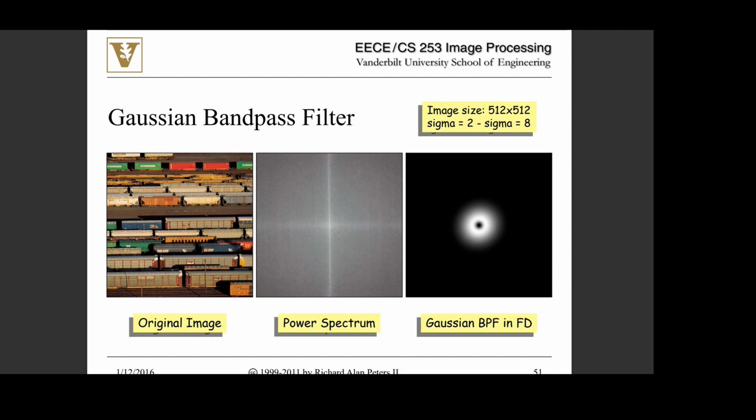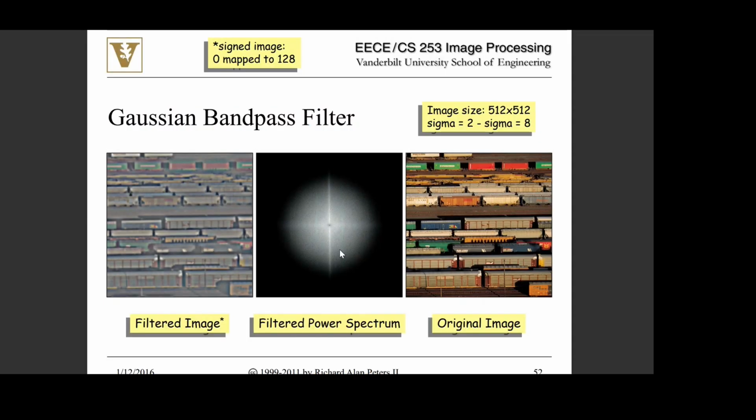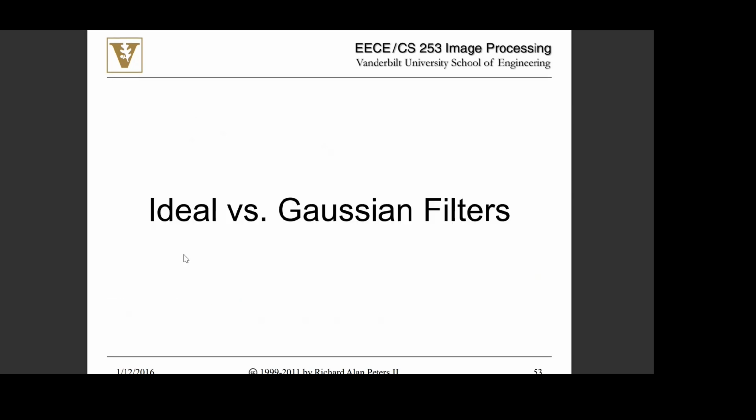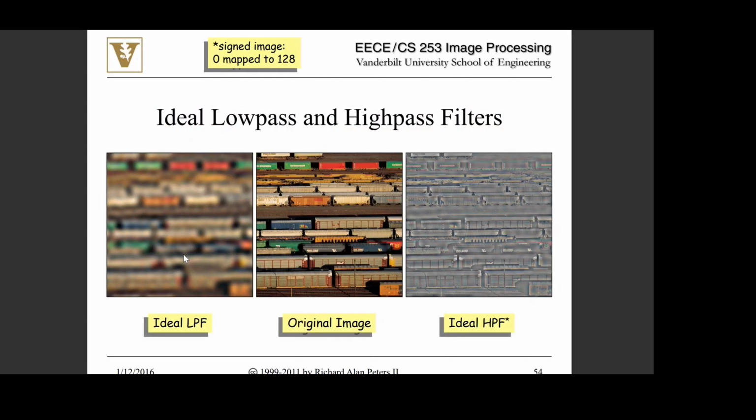Okay, so yeah, more representations of the same idea. So original image, the power spectrum of the original, then the filter in Fourier space, we multiply the two, and then we do the inverse Fourier transform. We get this one. We can compare the two. I was looking for this comparison between low-pass filters and Gaussian.